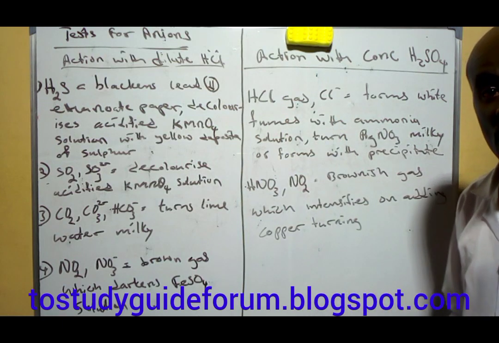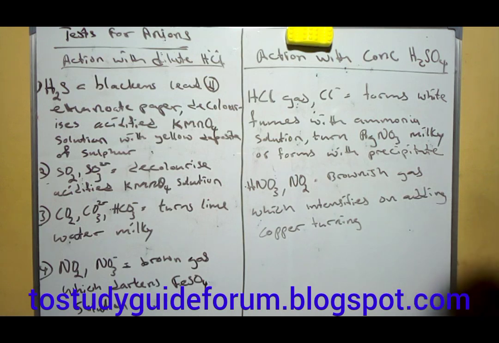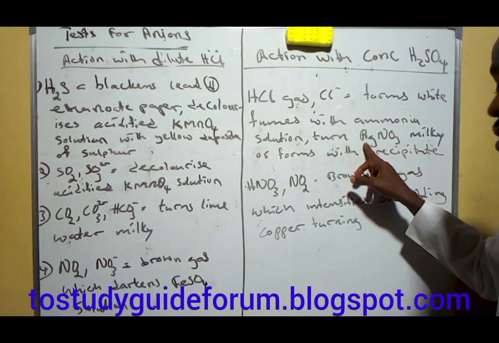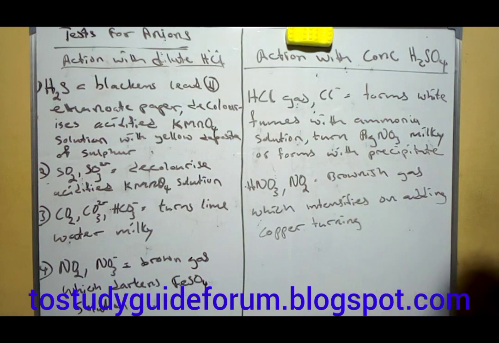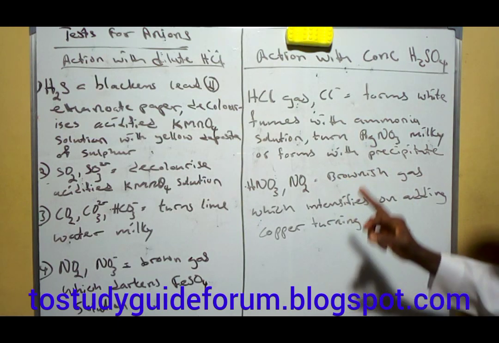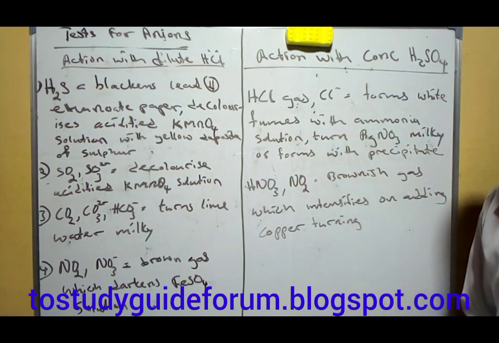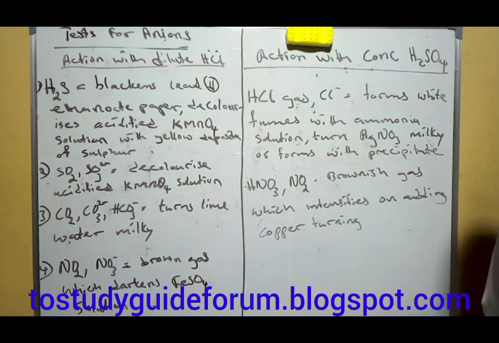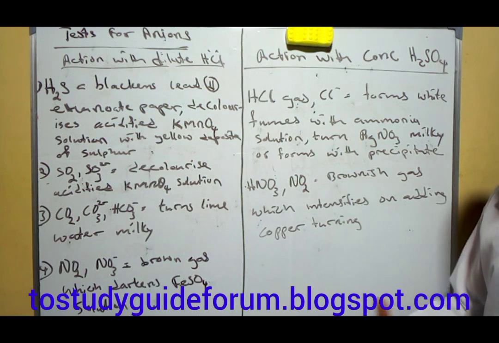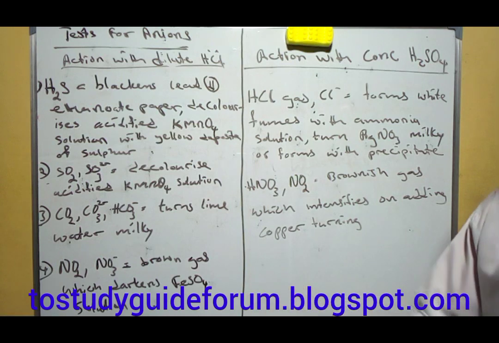When this is released, you can identify it by the action with silver nitrate solution. When you bubble the gas into silver nitrate solution, it will give you a white precipitate. This white precipitate can darken when you expose it to sunlight.